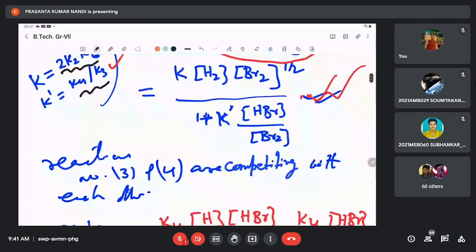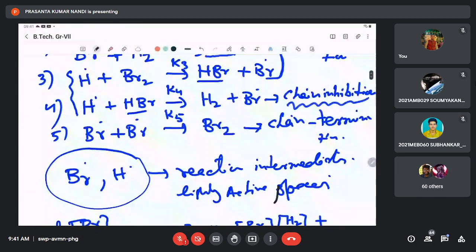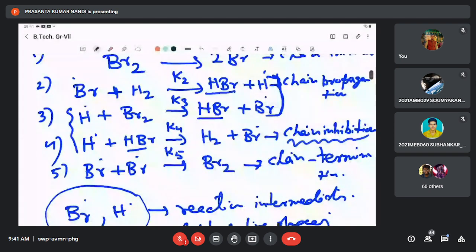Now, as you have noted, to simplify this, let us consider steps 3 and 4. Look, these steps are competing. Competing means HBr is produced in the first step, while HBr subsequently decomposes in the later steps.